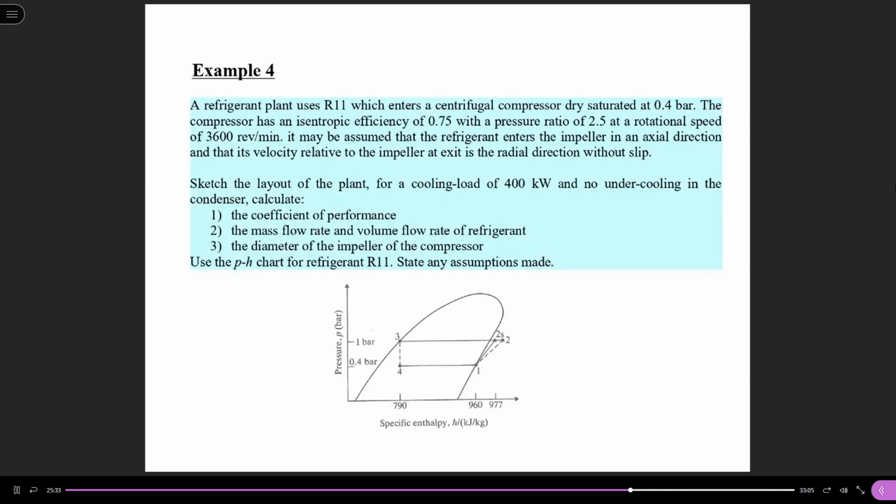For this refrigeration plant with a centrifugal compressor, we know the isentropic efficiency, the pressure ratio and the speed. Then we are asked to calculate the COP, the mass flow rate and the volume flow rate of the refrigerant.